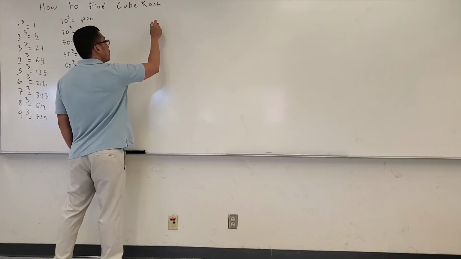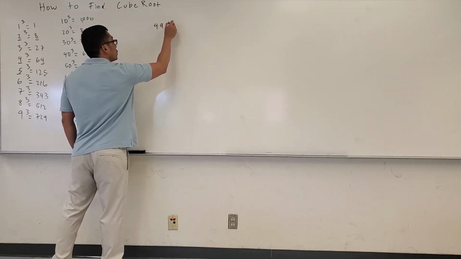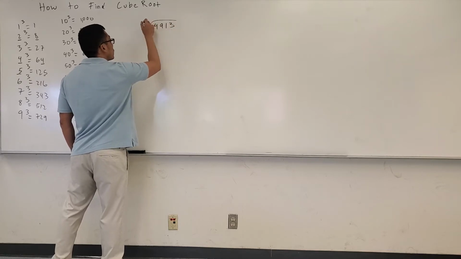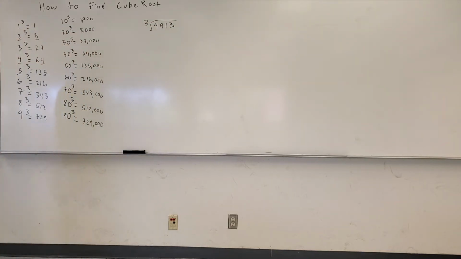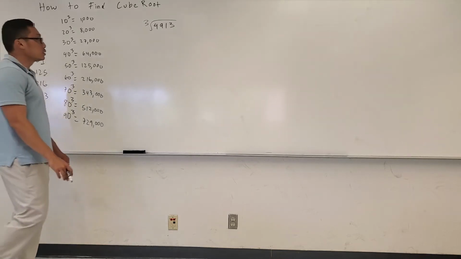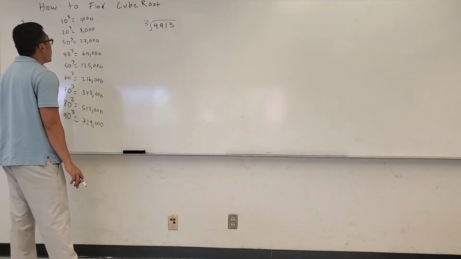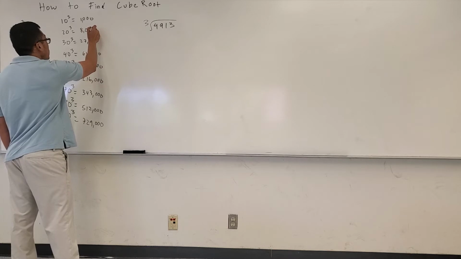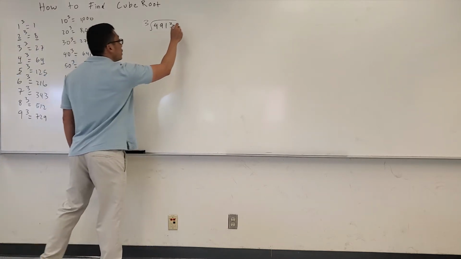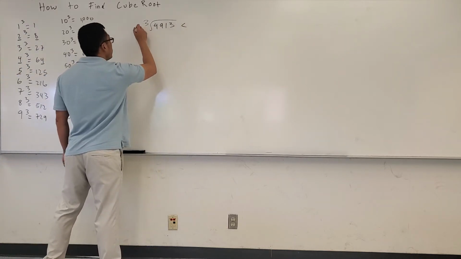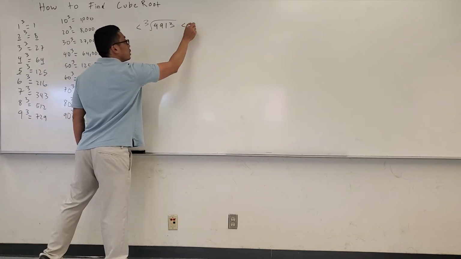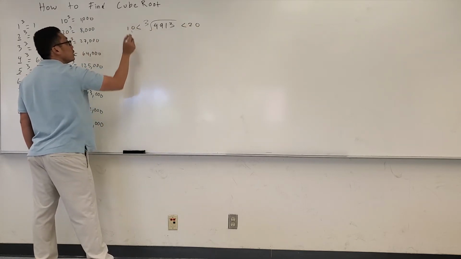So 4,913, cube root of that. Go ahead, try it out. So I know this number lies between 8,000 and 1,000, right? And when I take the cube root of those, I get 20 and 10, right?